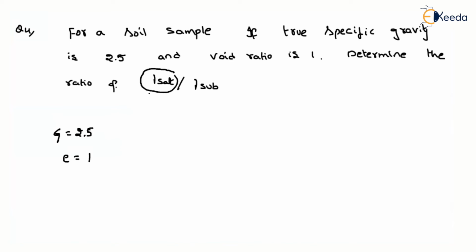If I know G and E, how can I find the gamma saturation? If you remember the formula, it is (G plus SE) into gamma W divided by 1 plus E.